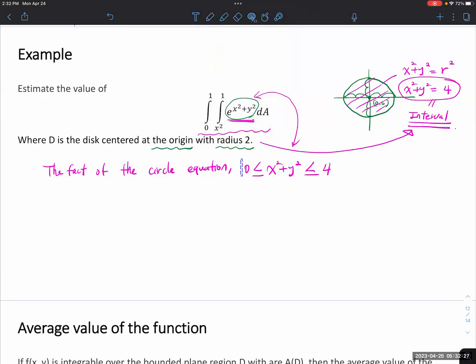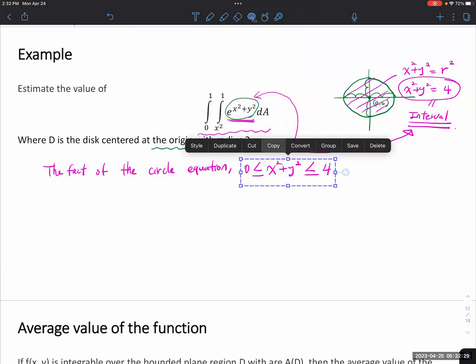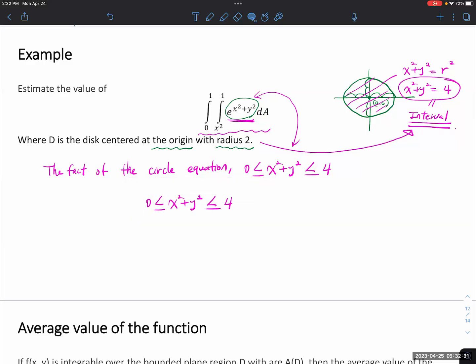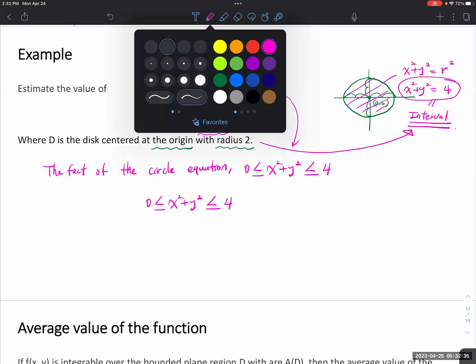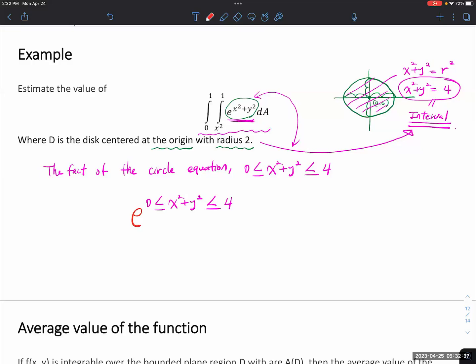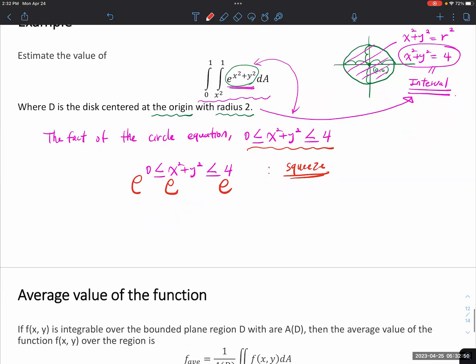So we do have this equation. And you know what? What if I take e to everything? e to the 0, e to the x squared plus y squared, e to the 4, according to the squeeze theorem. If this order is true, this order should be true too, correct? So what happened? e to the 0 is 1.